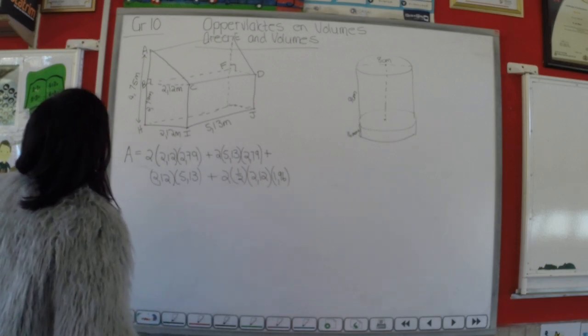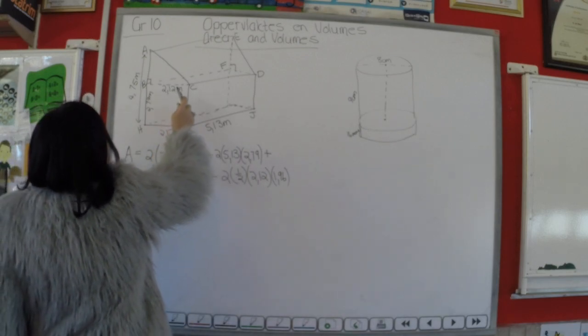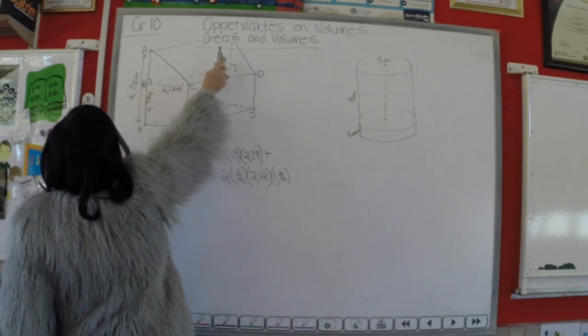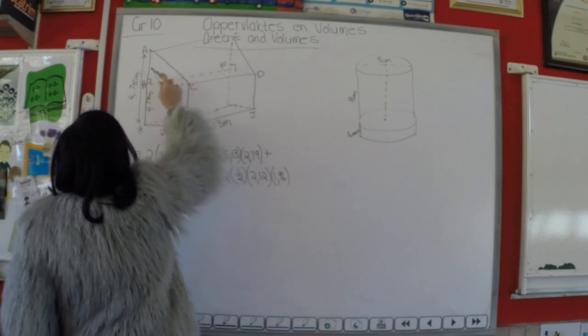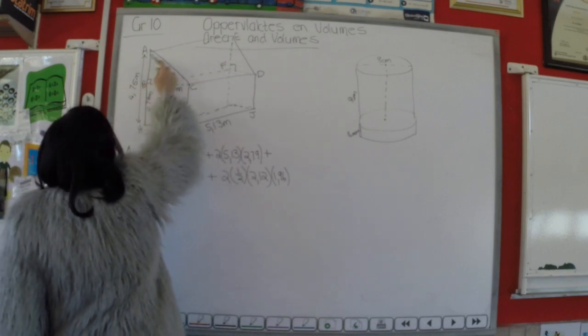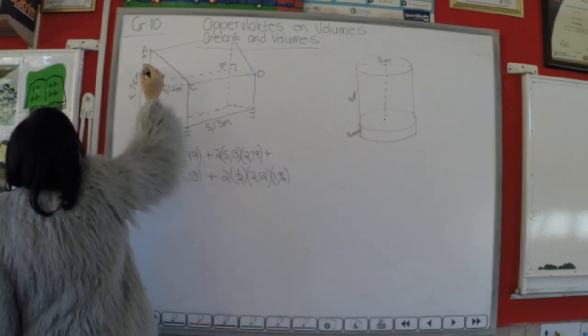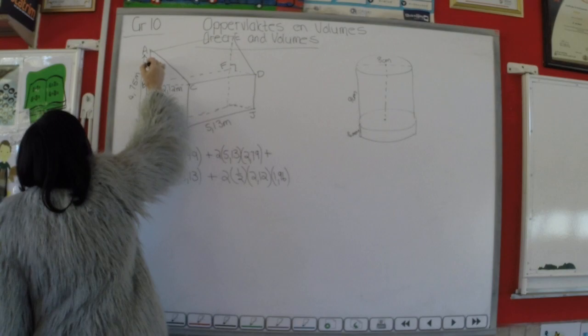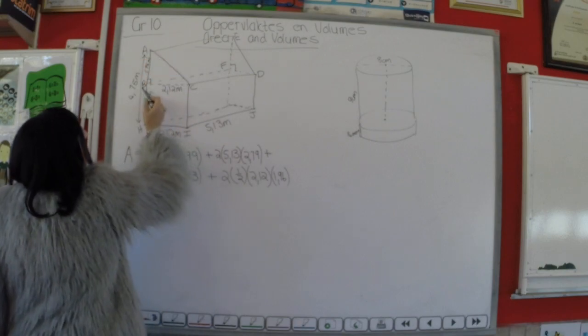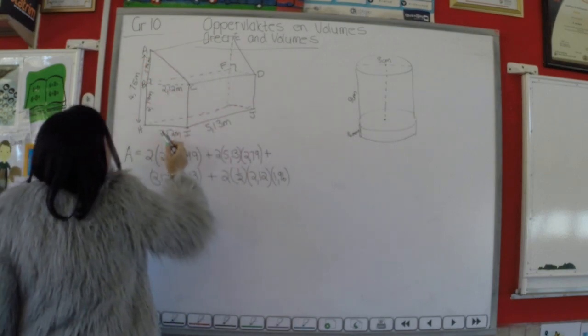And now we need that guy over there. We've got that rectangle there at the back. We've got the 1.96 over there. And we've got that side over there.